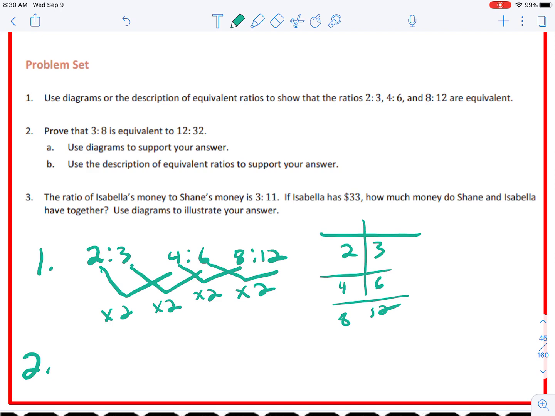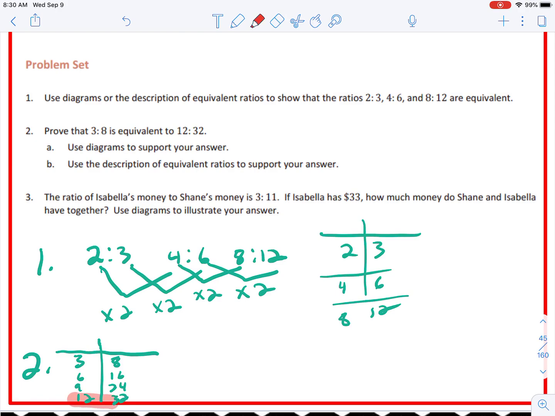Prove that 3 to 8 is equivalent to 12 to 32. Use diagrams to support your answer. Okay? One diagram I'm going to do is a table. 3 to 8, 6 to 16, now 9 to 24, and 12 to 32.